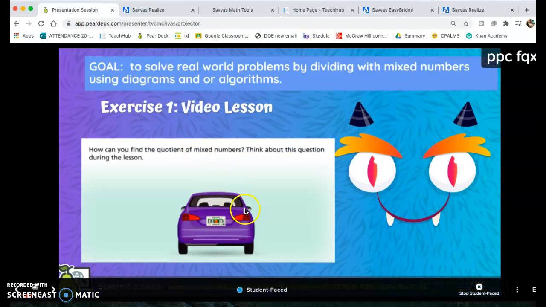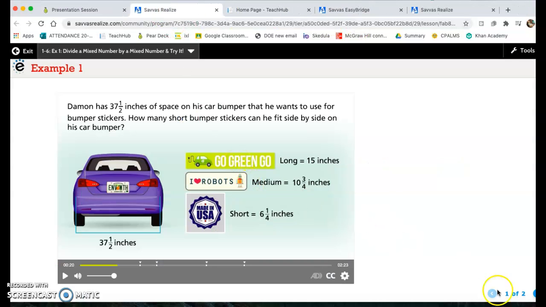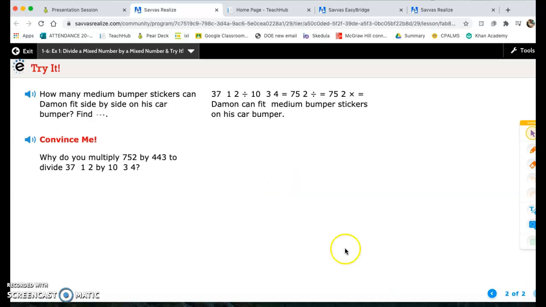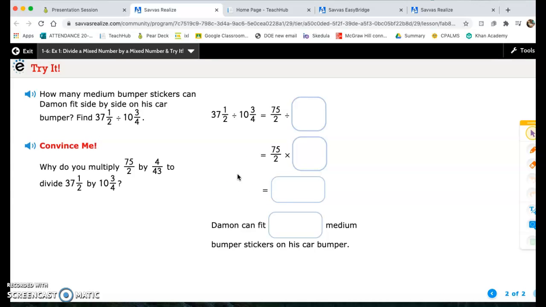So going back here, then you continue, and that video that we have. There's page 2. If you see that, that is already page 2, and I want the students to work on this and convince me.